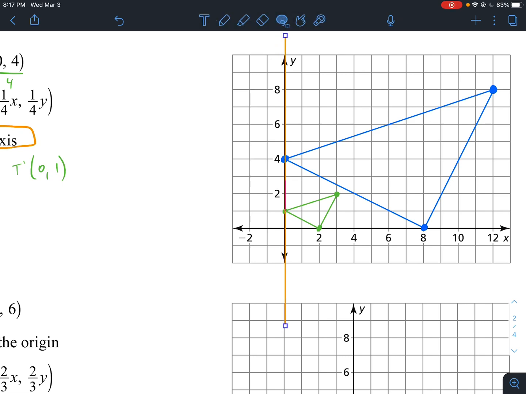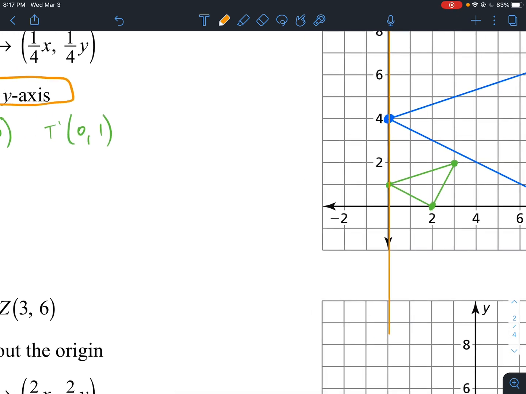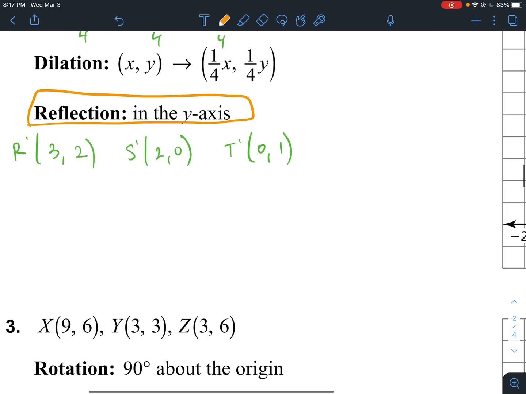Now how does that change your coordinates? We're taking this and mirroring it across this orange line. This point right here is 1, 2, 3 points over, so it's going to be 3 points over this way. That means its new coordinate has to be negative 3 comma 2.